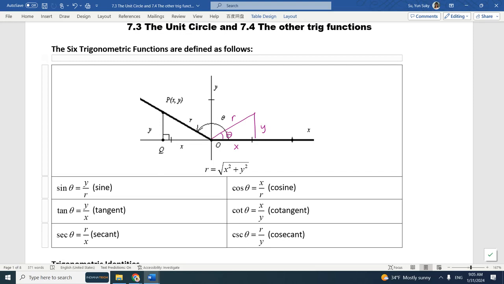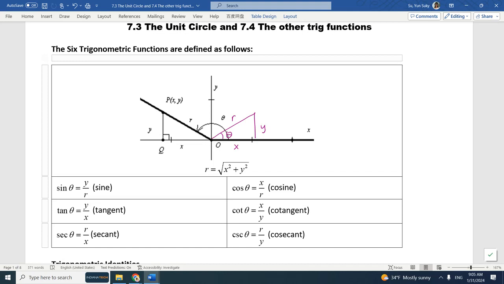Some of you put 1 over sine. No, it's 1 over cosine. So we put the cosine. And cosecant is 1 over sine. That's why you put the y and r. Okay, everybody? Now we allow the angle to be in the second quadrant.